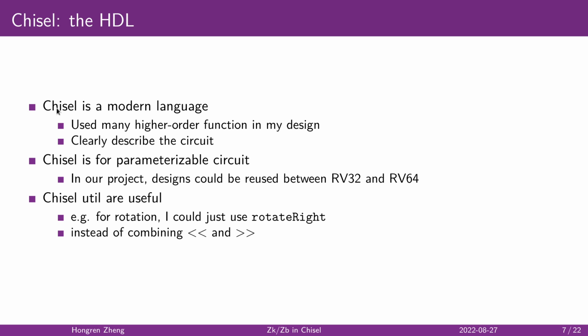Chisel is also good for parameterized circuits, because in our project we can reuse designs between our 32-bit RISC-V and 64-bit RISC-V. Also, the Chisel utilities are useful, because for rotation we can just use rotate right, which is implemented as a barrel shifter, unlike some Verilog implementations where we need to combine right shift and left shift.